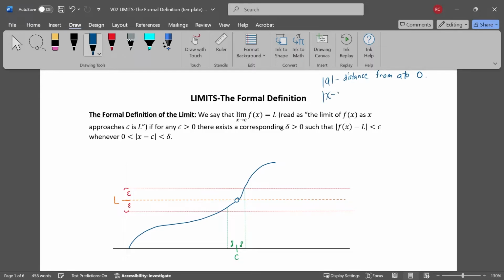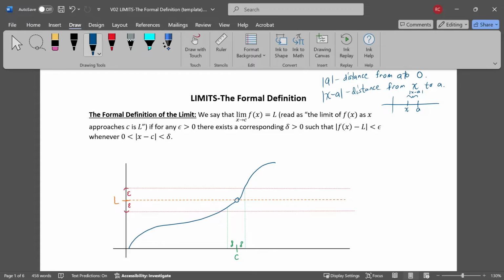And if I write the absolute value of x minus a, this means the distance from x to a. So in other words, if I'm looking at a number line, and here's a and here's x, this distance here is the absolute value of x minus a. So make sure when we go through this definition that you're thinking about these absolute value symbols as meaning the distance here.